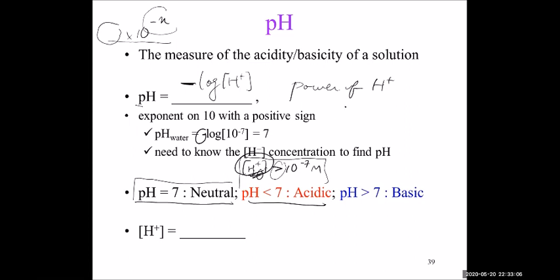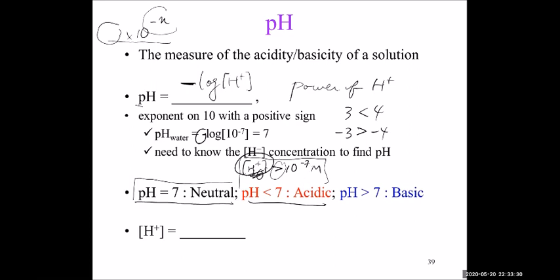Let's say everyone knows 3 is less than 4. If I turn them negative, negative 4 and negative 3, which one's bigger? Of course, it reverses. And that's why here you have to reverse. When the hydrogen concentration is larger, pH is actually smaller than 7. And what about basic?